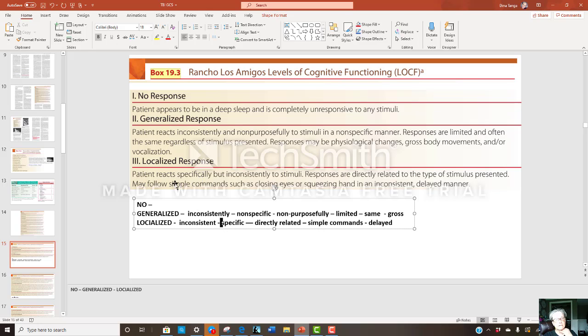Okay? Patient reacts specifically but inconsistently to stimuli. Responses are directly related to the type of stimulus presented. So directly related, and up here it said what? It's unrelated.